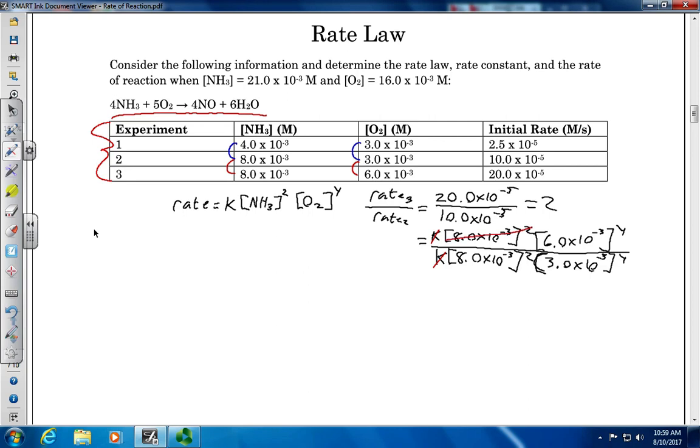Well, again, the k's cancel out. 8.0 times 10 to the minus 3 squared cancels out. So we're left with 6.0 times 10 to the minus 3 to the y power over 3.0 times 10 to the minus 3 to the y power, which gives us 2 to the y power. Write that down.